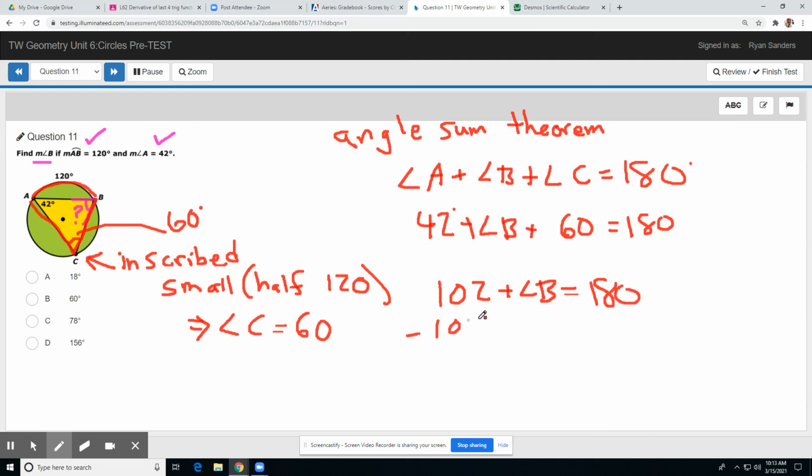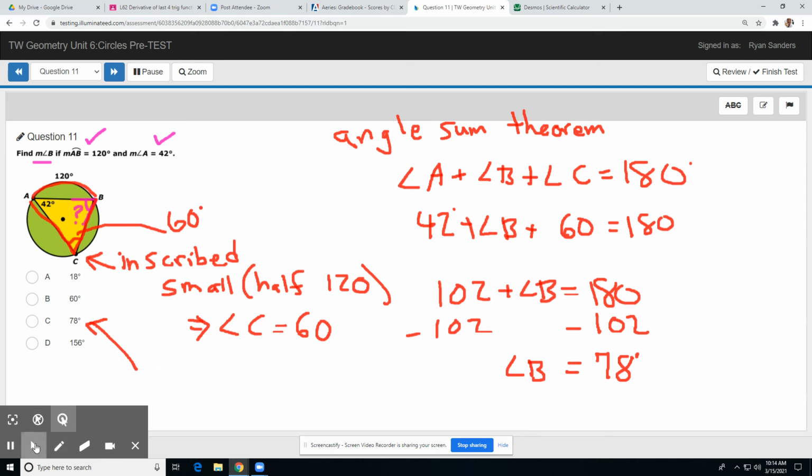Minus 102 from both sides, solving for angle B. I get angle B is equal to 78. And then, like I said, I just throw in my degrees at the end, making sure that everything is the way it should be. Okay. All right. And that should be the last problem.